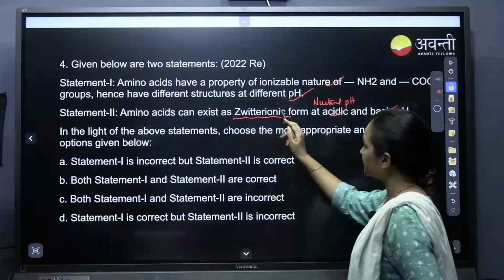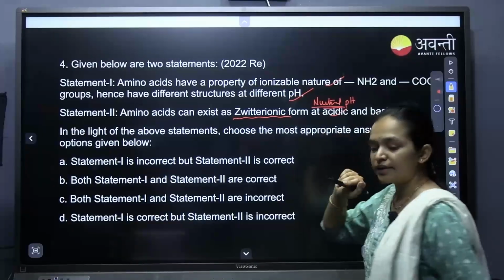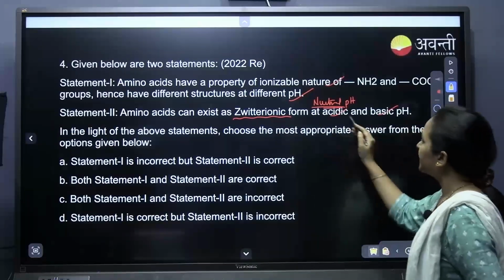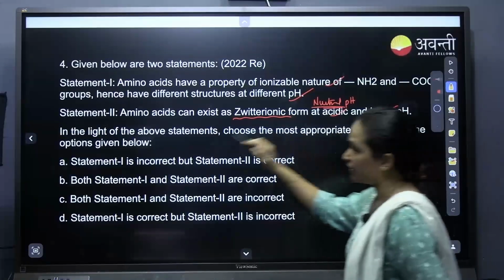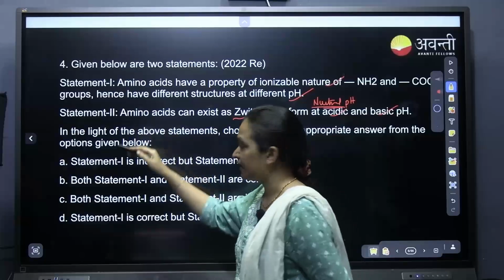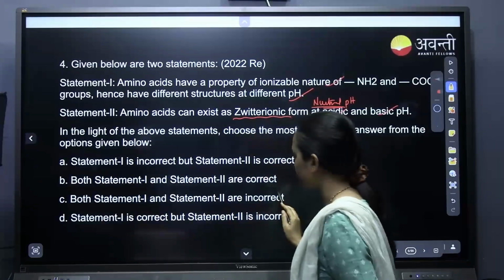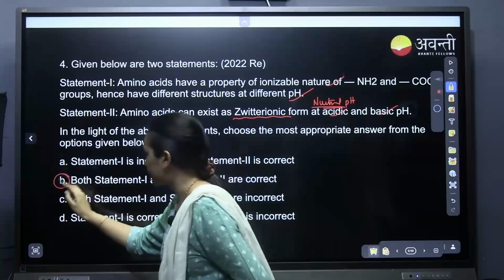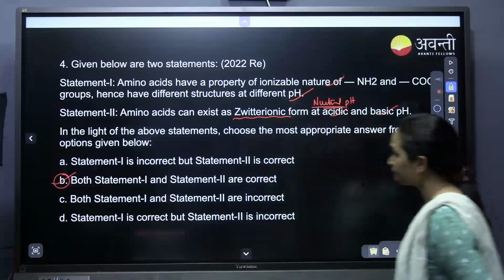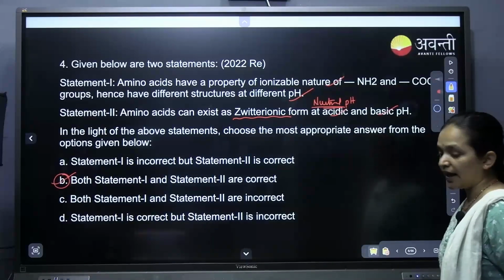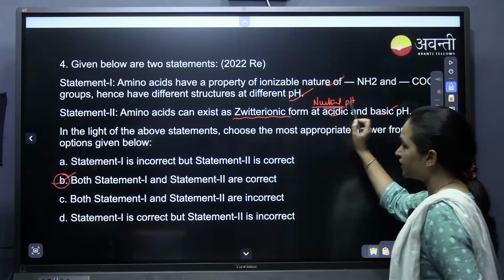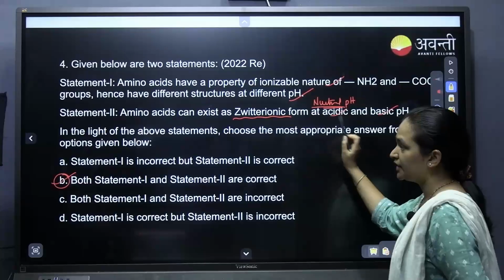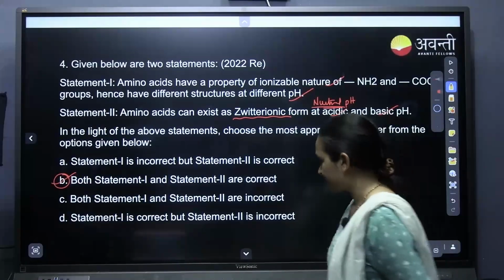According to NCERT they have given neutral pH, but if we look at the concept, it can exist in acidic as well as basic pH, which makes statements 1 and 2 both correct. Since NCERT mentions neutral, this statement can also be challenged with NTA if it comes.